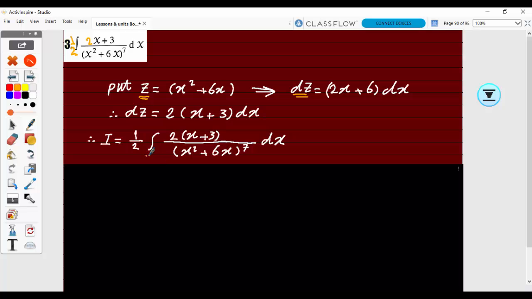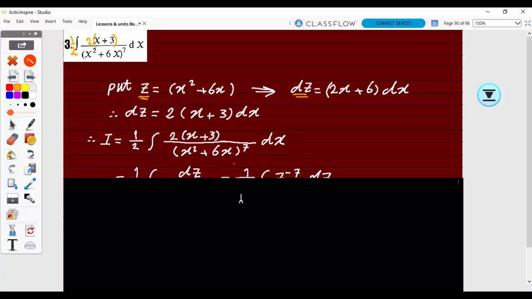So we have 1 over 2 times the integral of 2(x + 3) over (x^2 + 6x)^7. Now we can substitute.